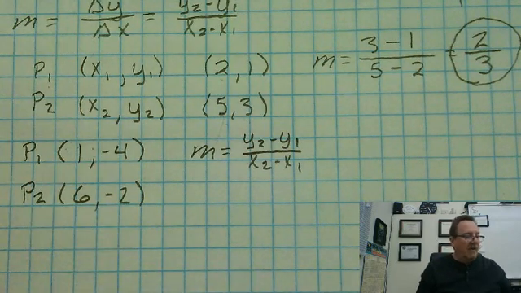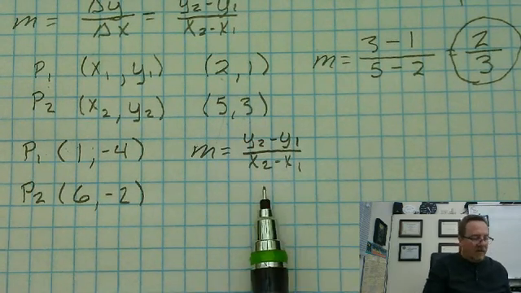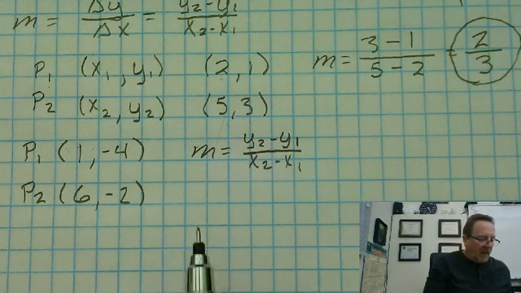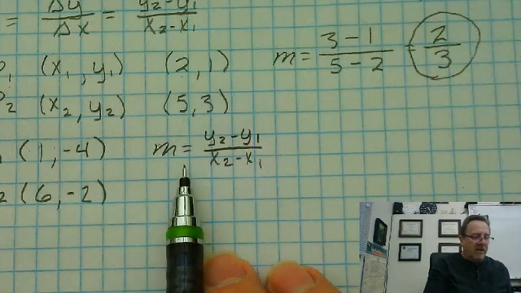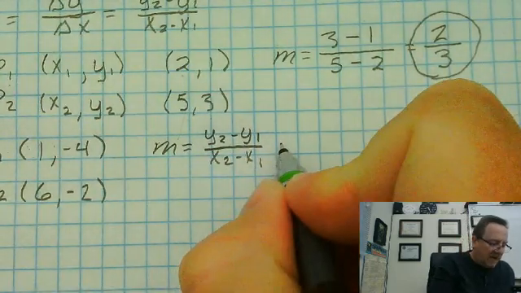Okay? It's probably the most important equation for a beginning algebra class. And then it is used a lot later on. It's just assumed that you know this. It's like 2 plus 2. You have to know it.